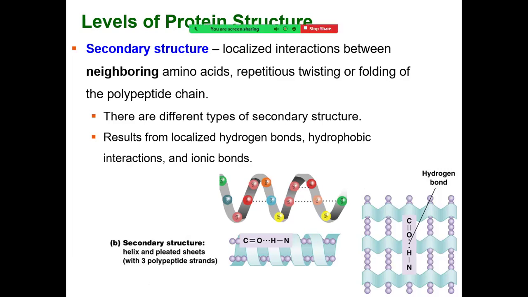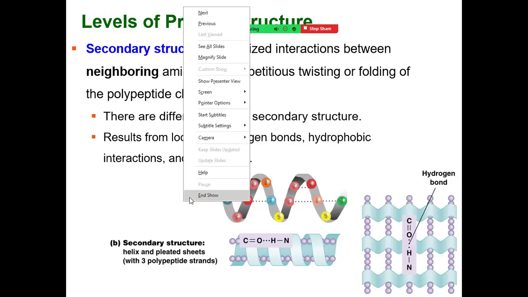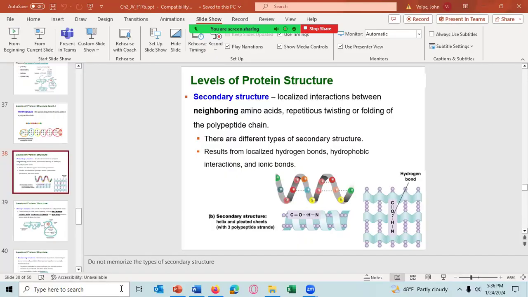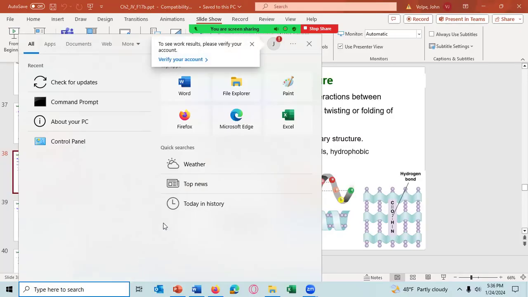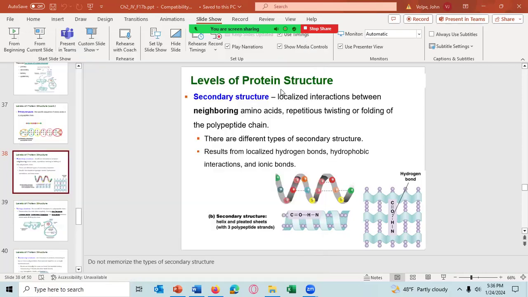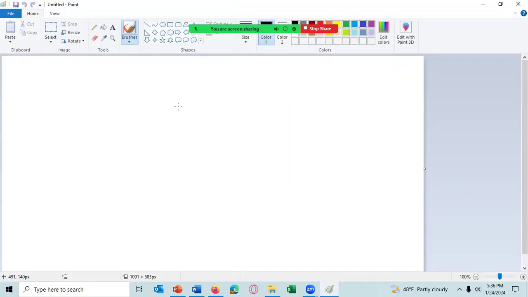There are actually three. The video you just watched only discussed two. There's the alpha helix, shown here, the beta pleated sheet, shown here, and I gotta open up Paint to show you the third, which is the random coil. The random coil is just where the protein takes on a random shape.